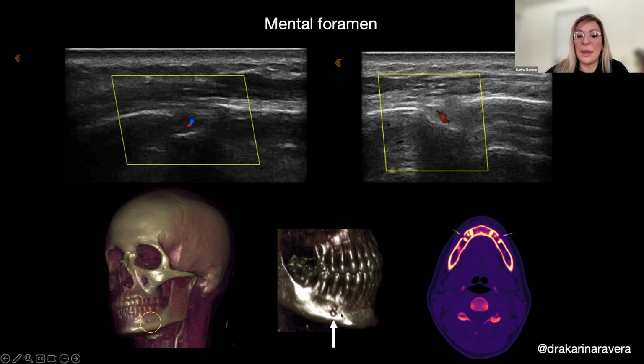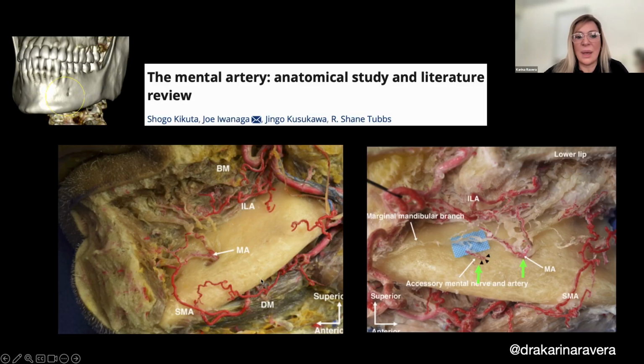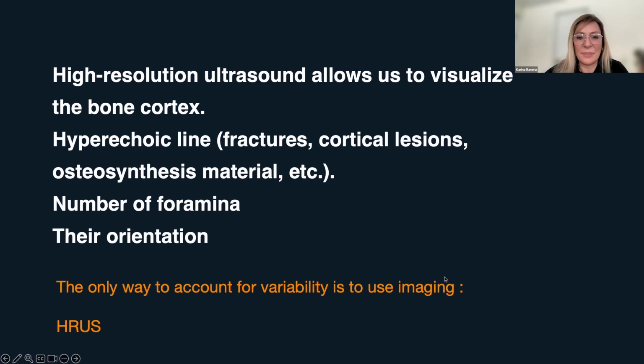We will have 2 mental arteries, 2 bundles in this case. And in this article, we can observe this double mental foramina. And in this case, this patient also has 2 foramina, but located vertically, and in this case, they are located horizontally.